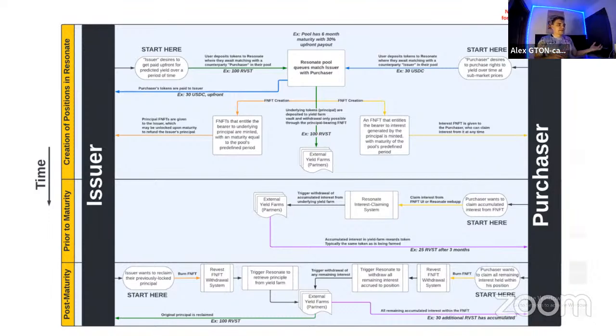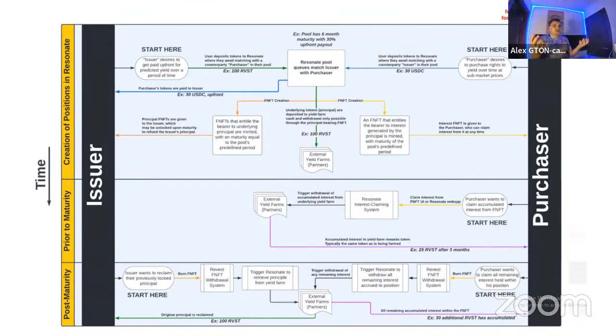But what if you need money right now? There is an opportunity for a purchaser to buy those assets right now for a lower price, but you, as the issuer, will still keep your 100. You will not receive the 30, because you are selling future profit, future yields.